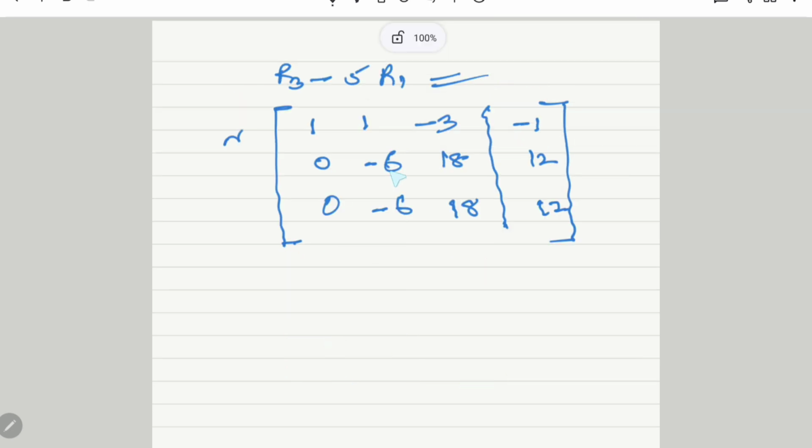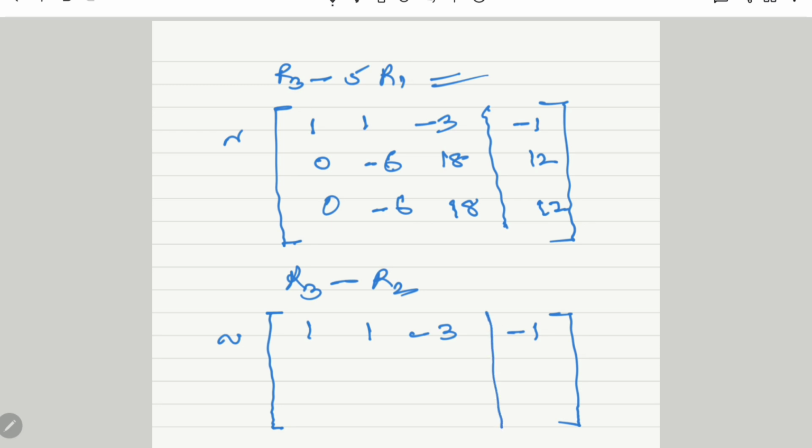Second diagonal element is minus 6, a non-zero element. We can keep that as it is, and using that minus 6 we can convert this element to 0. The required transformation is R3 minus R2. First row no change, 1, 1, minus 3, minus 1. Second row also no change, 0, minus 6, 18 and 12.